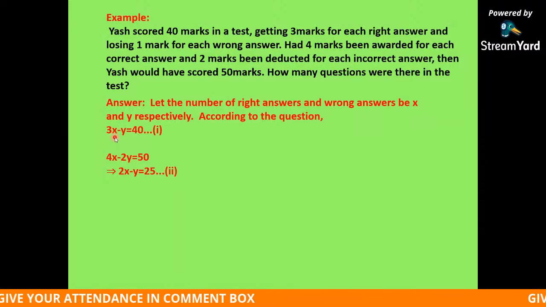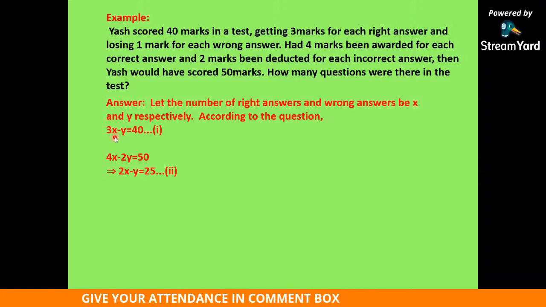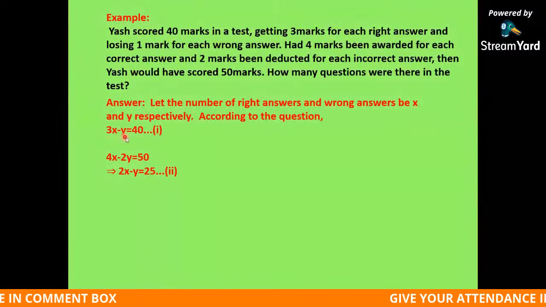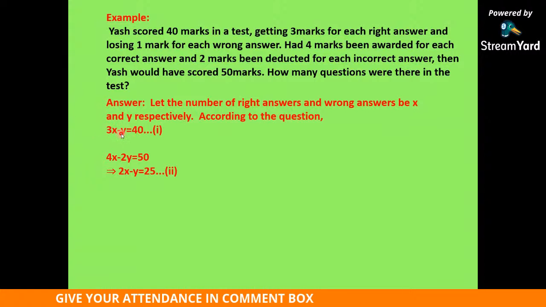Each wrong answer will cause him a loss of 1 mark. Therefore 3x minus y, that is 1 into y; here we are not going to mention 1, it is understood. 3x minus y is equal to 40.